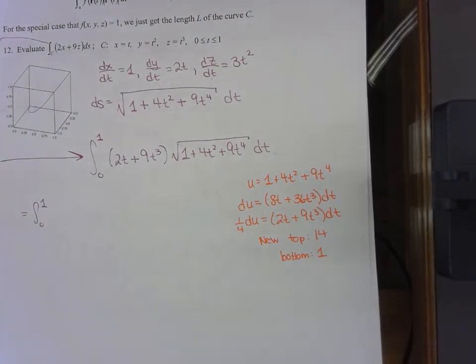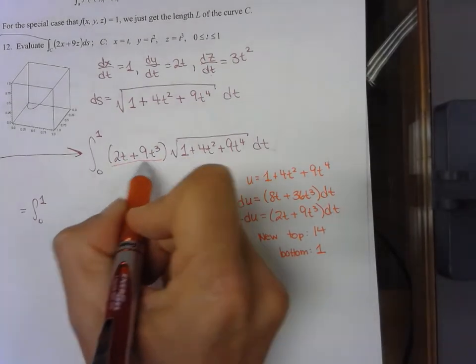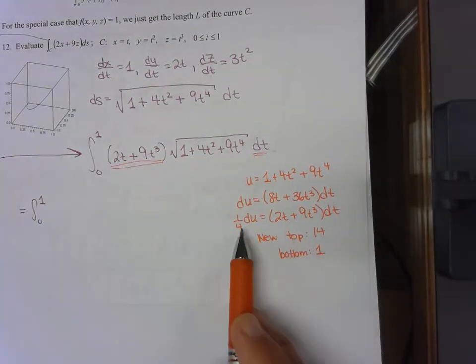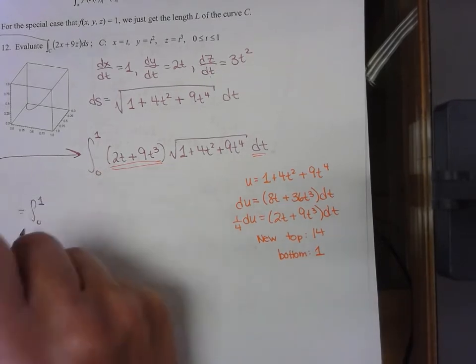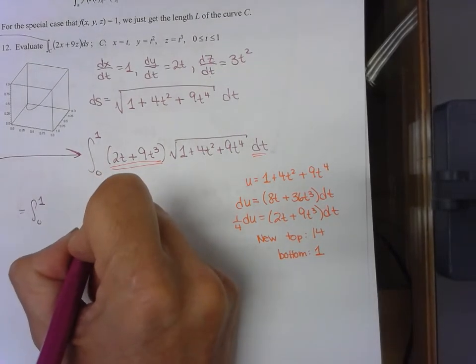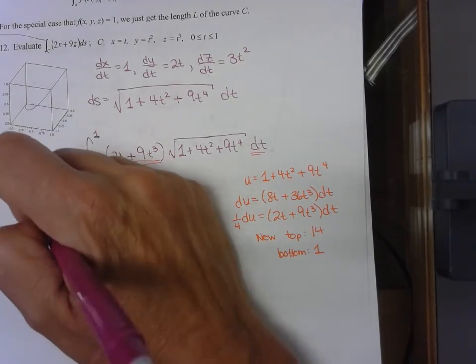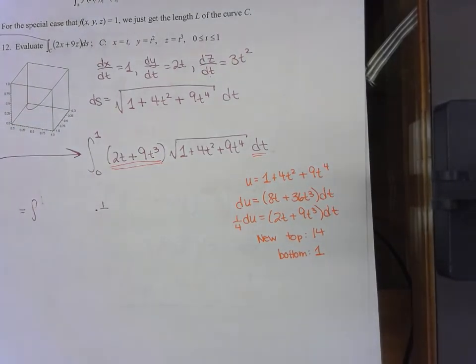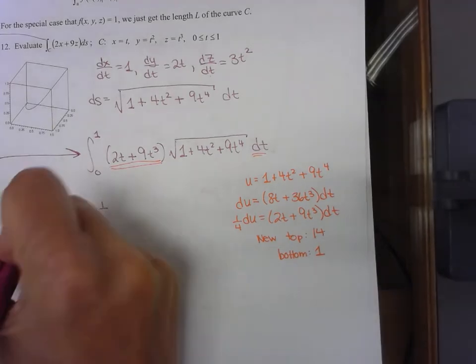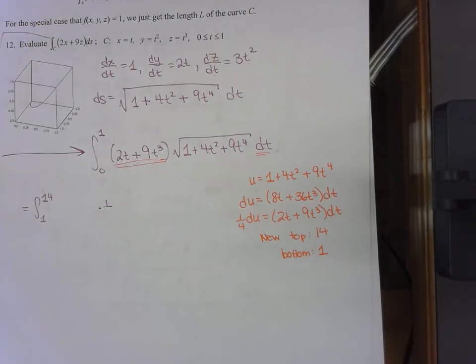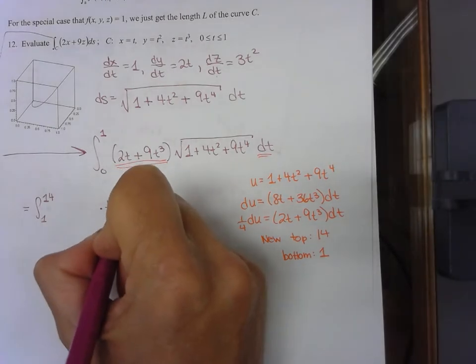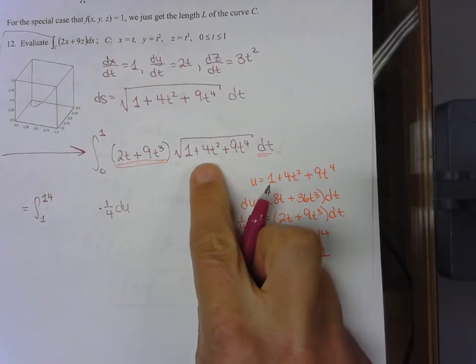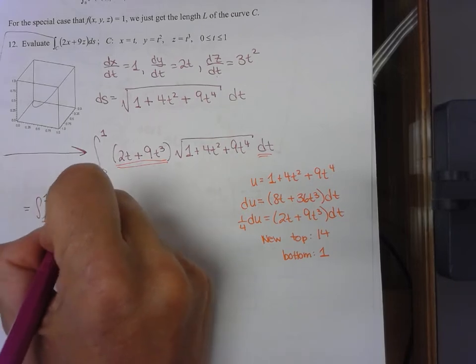Okay, so this part is being replaced by the 1/4 du. Oh, I wrote 0 and 1, but it's not. Right? We have new limits, 1 to 14. So 1/4 du, and then what's left is u under the radical, so u to the 1/2.